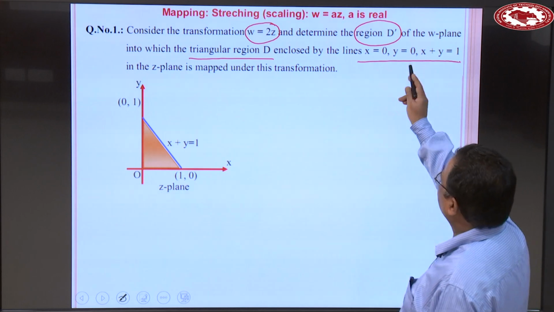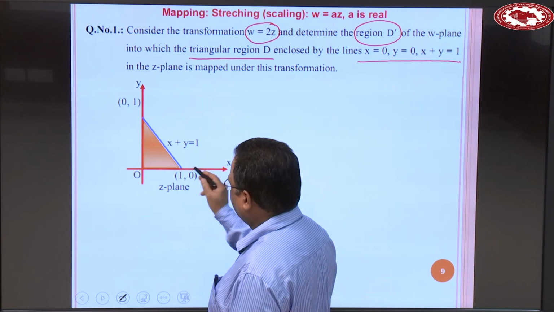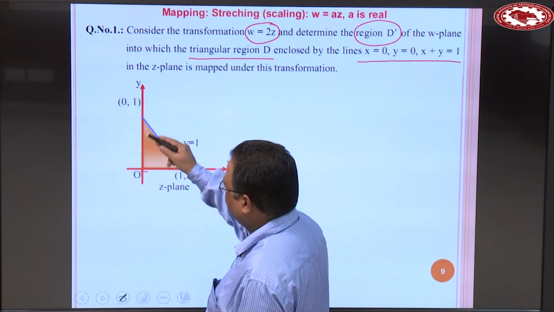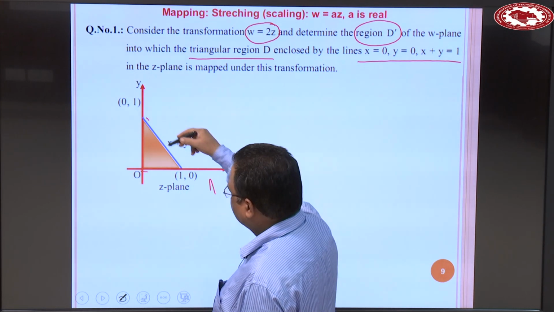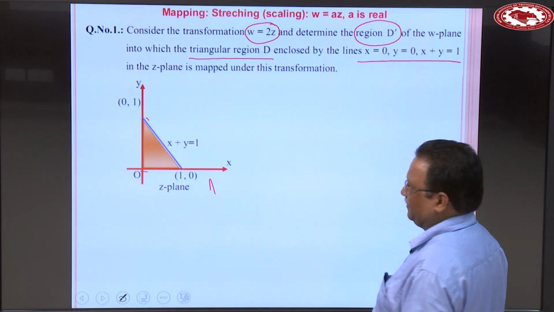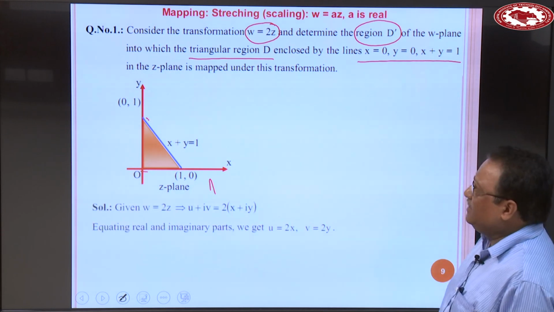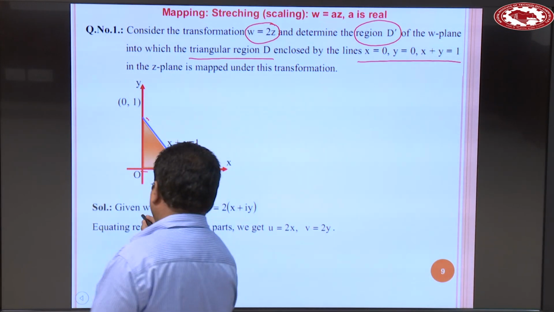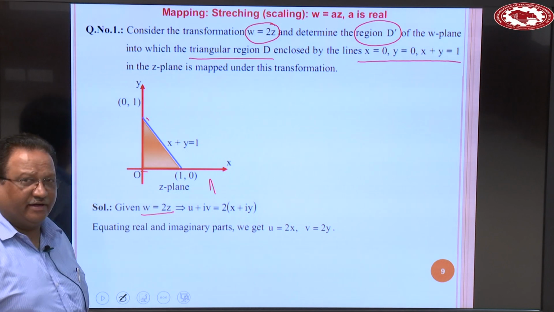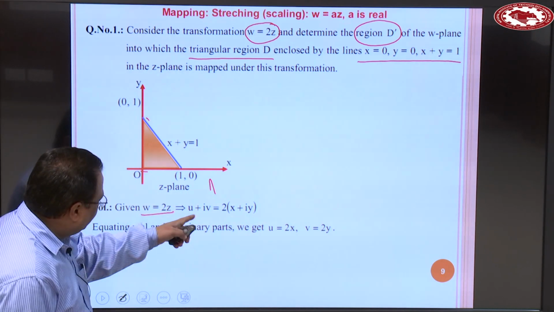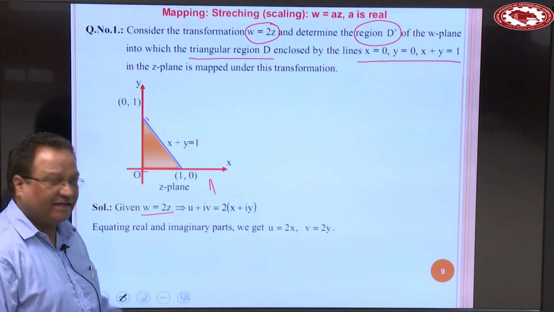x is equal to 0, y is equal to 0, and this one is x plus y is equal to 1. Now given w is equal to 2z, this transformation is given. So w is u plus iota v and z is x plus iota y.